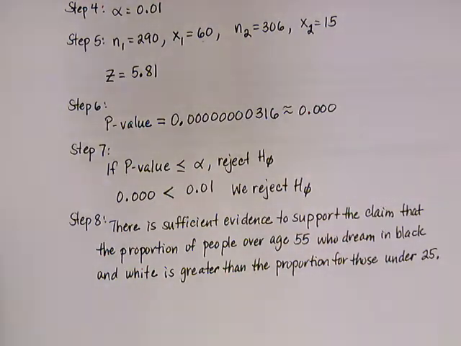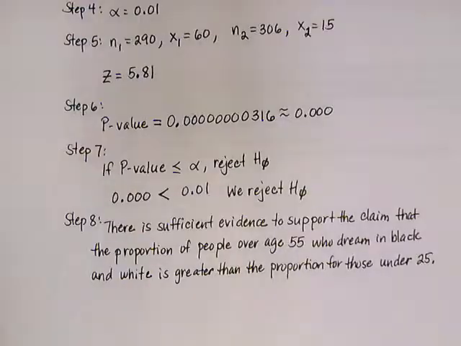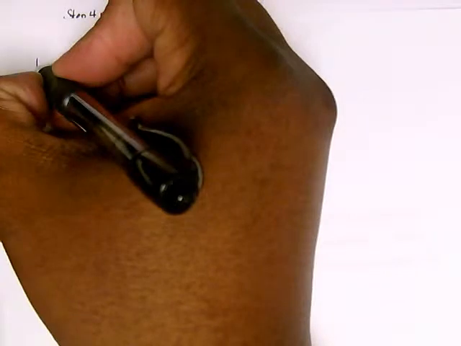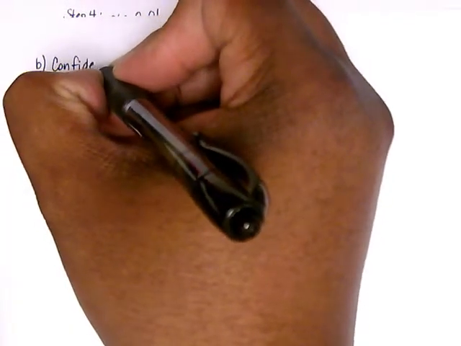So that 8-step hypothesis testing procedure was actually part A. Now, part B is that confidence interval.